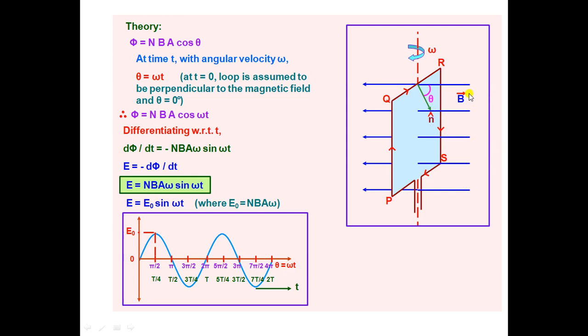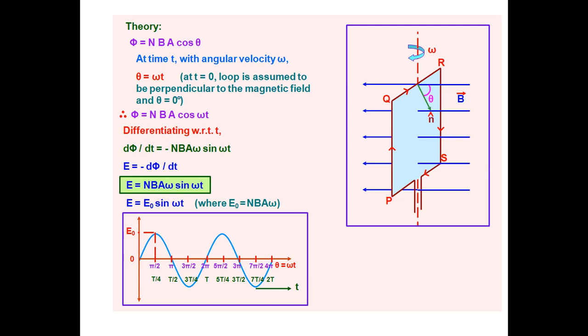B is a uniform magnetic field, and now we take the magnetic flux. The magnetic flux linked with the coil is phi equal to B into A, and for N number of turns of the coil, phi is equal to NBA cos theta.